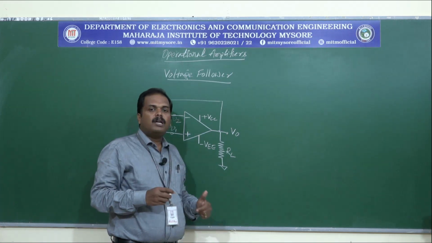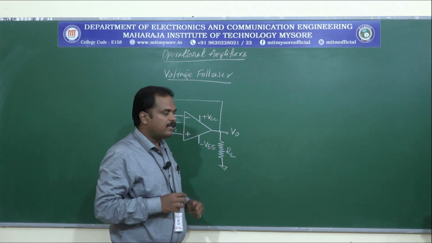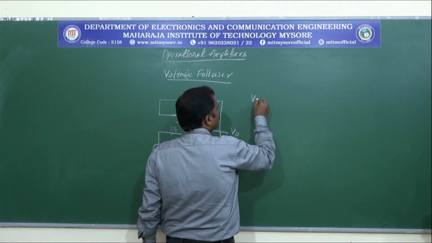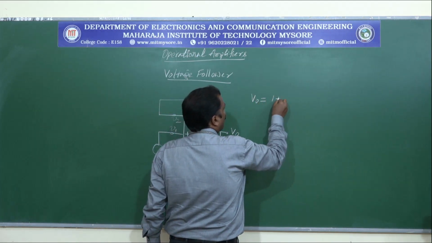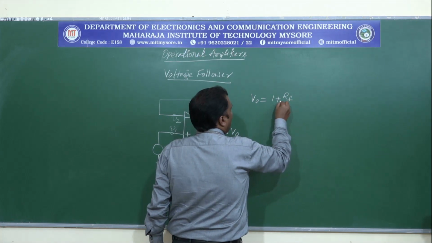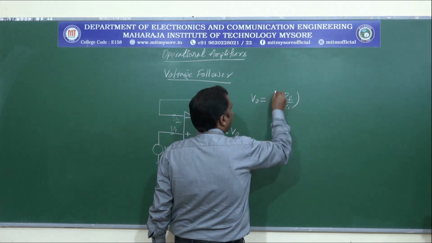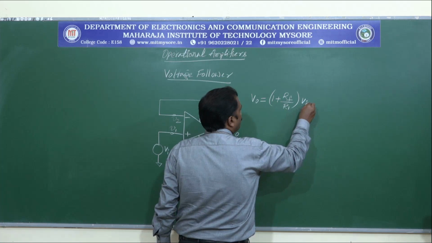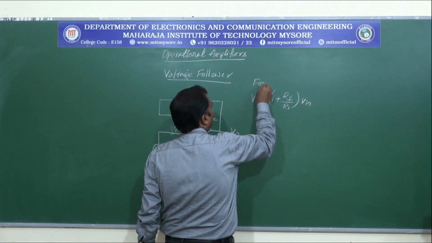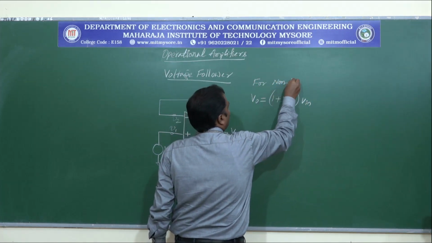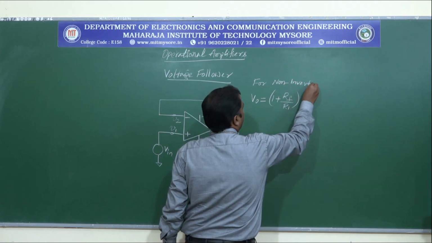And we know for a non-inverting amplifier circuit, output voltage V0 is given by 1 plus Rf by R1 into Vin. This is for a non-inverting amplifier.